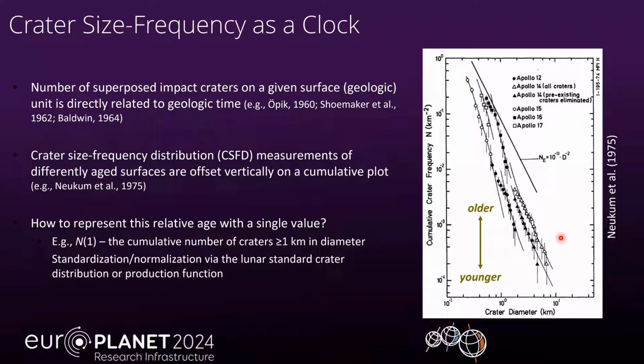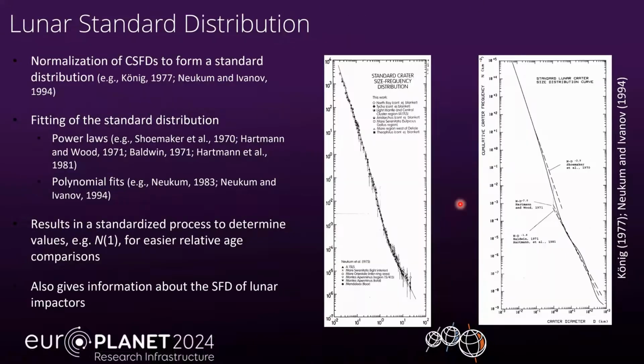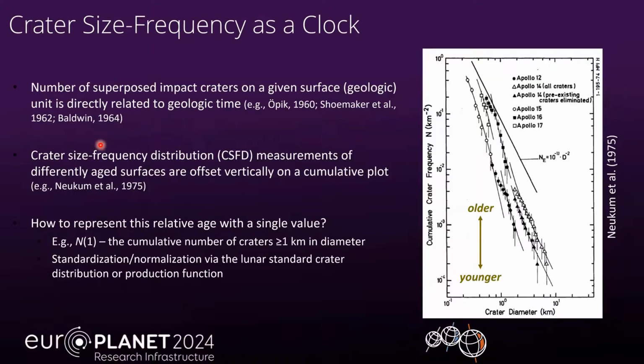Now, I don't want to go into a lot of detail here. I realize that I put too many words on this slide, but basically to be able to do this in a statistically good way, you also have to know something about the distribution of craters and the shape of this distribution, so that you have some control on the quality of the count that you had and that you understand what it is that you've actually measured.